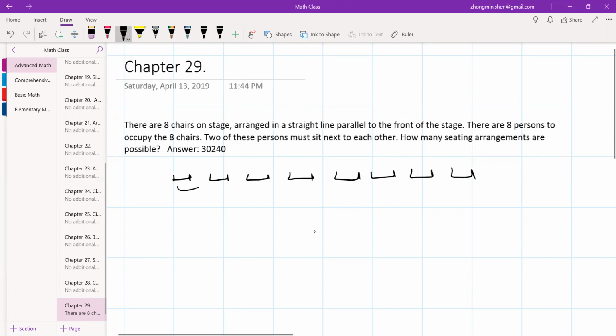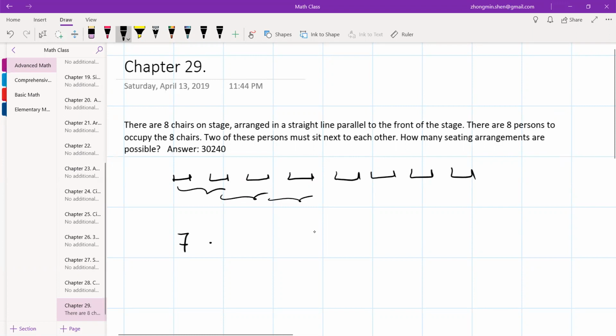So either this or that or this, right? How many pairs of seats are you going to get? 7. So 7 choices, 7 pairs. That's the first step. You choose a pair of the seats for those 2 people.